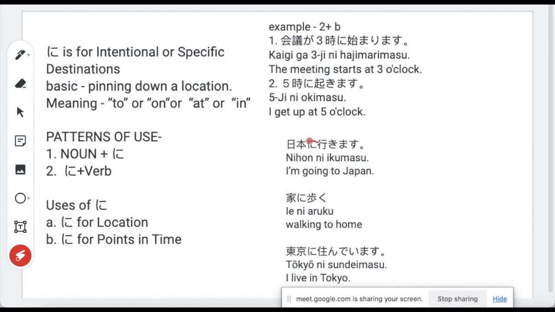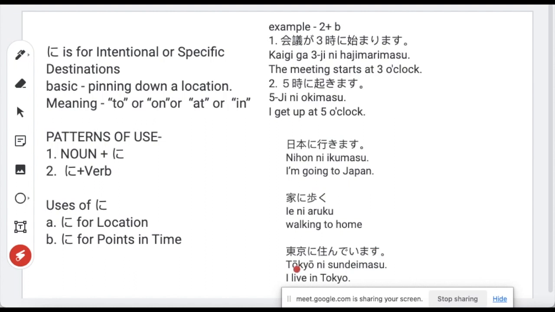Then ie ni aruku means walking to home. Here also we are using ni with the verb. Ie ni aruku. And again we are using ni for Tokyo ni sunde imasu.